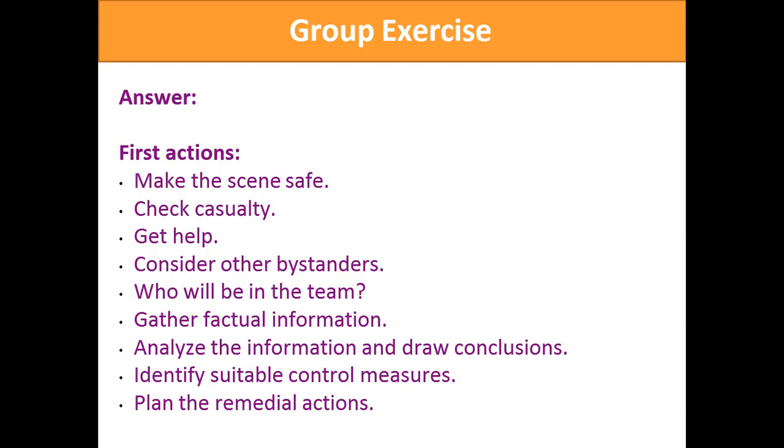Then after making the scene safe, check the casualty and get help from others. Consider other bystanders, the other people who may also be affected by this accident, and those who will be in the team with you.